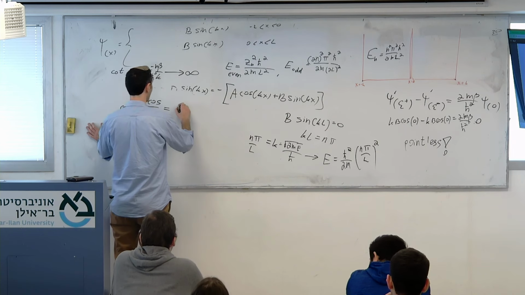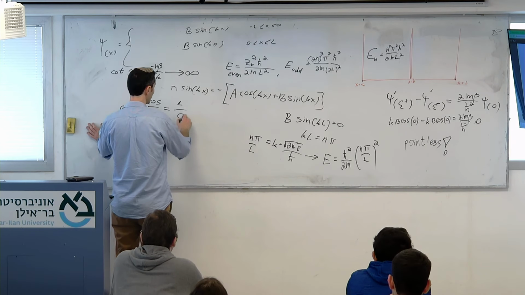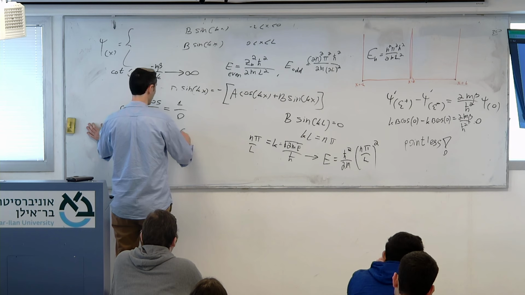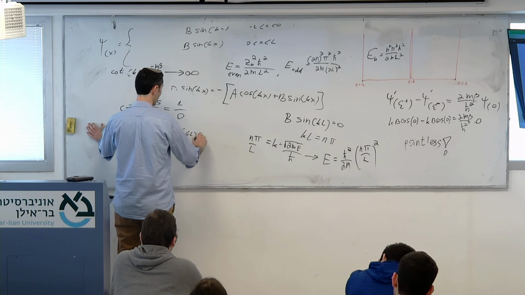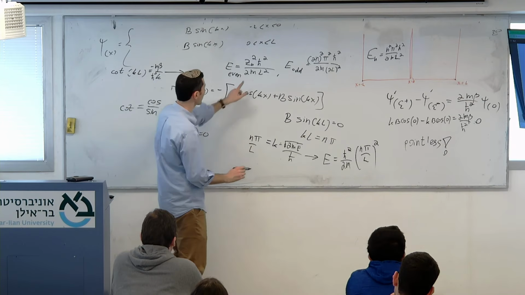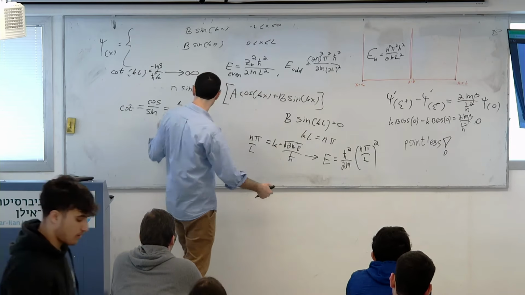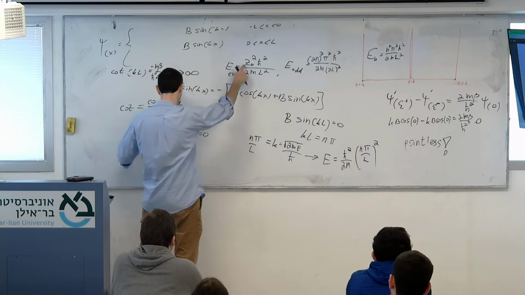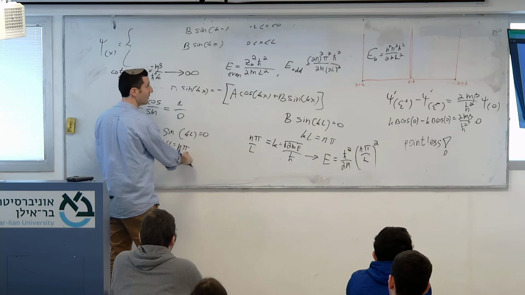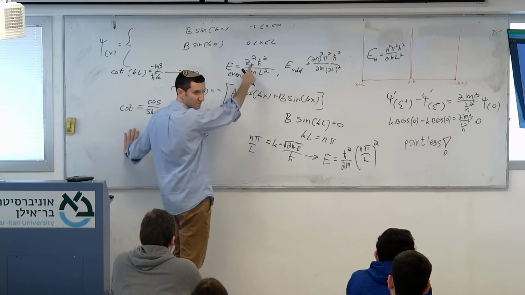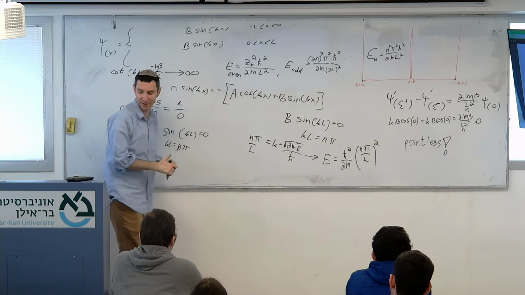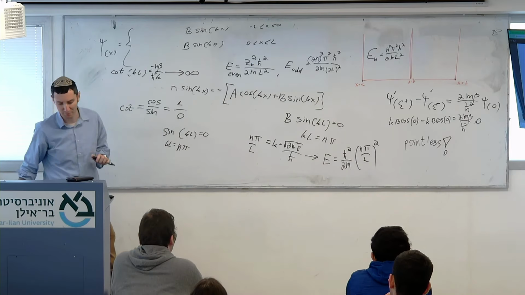It needs to be something over 0. So sine needs to be 0, so KL must be n pi. What do you get here? These are the solutions, right? If instead of my Zn here, I write n pi, then I get here again the case of infinite potential well.